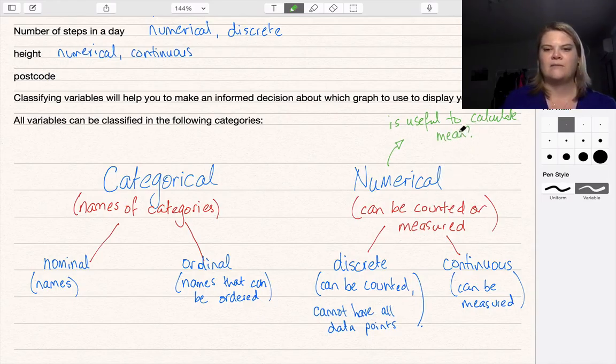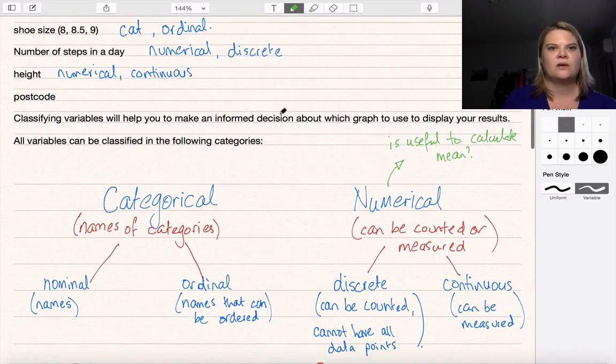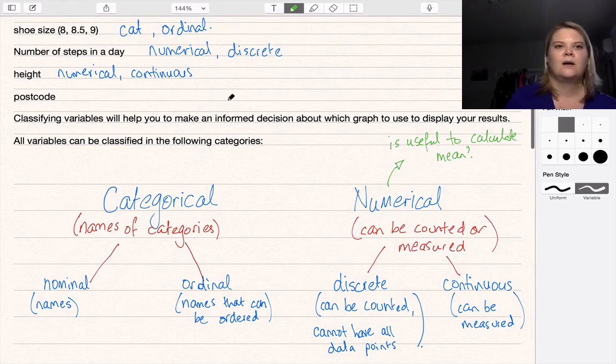If you're trying to find the average number of steps in a day, that's useful. So it would be numerical. Average height, that's a useful thing to calculate. But if we're looking at calculating the average postcode, it doesn't really make sense. So that gives us a hint that it's not a numerical variable, it's a categorical variable.